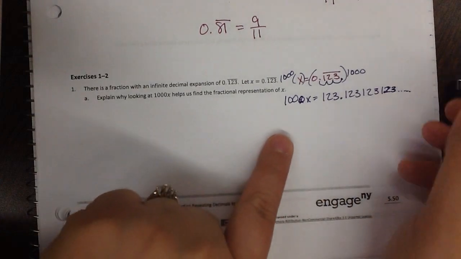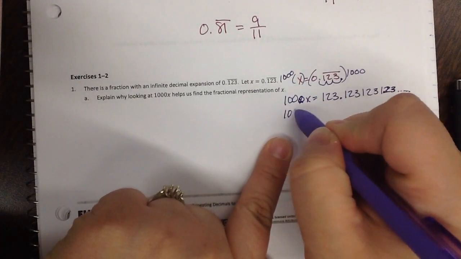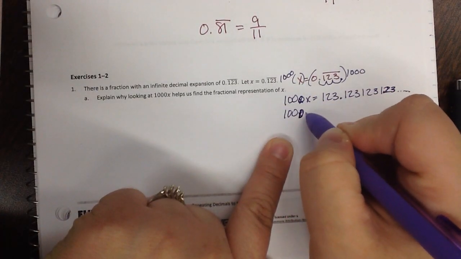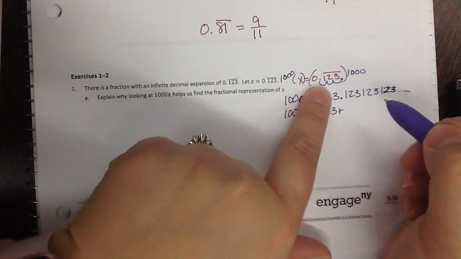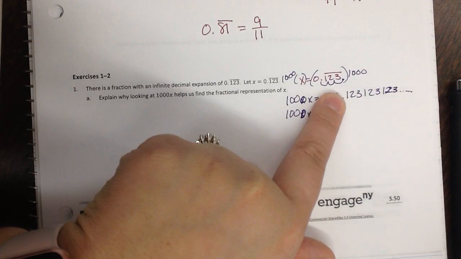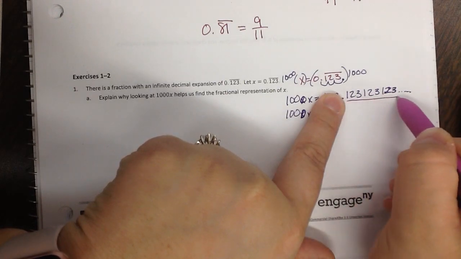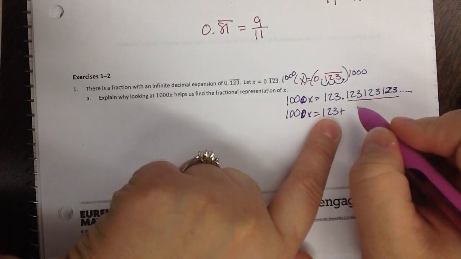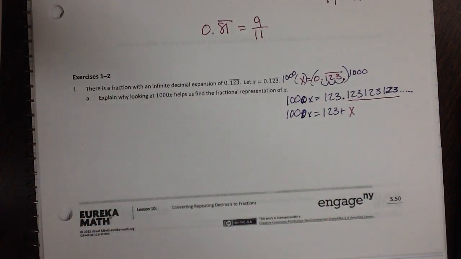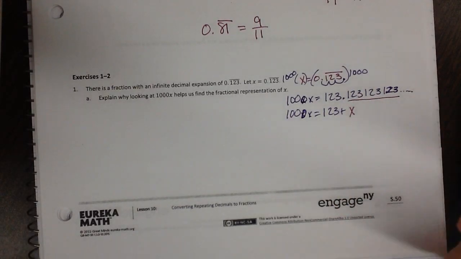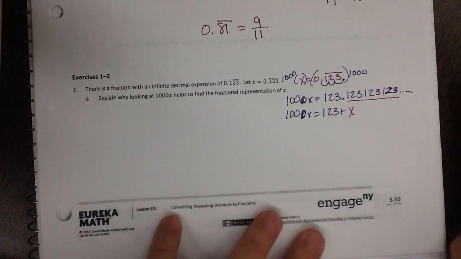So now, on this side, I have 1000x equals 123 plus this part right here, which is this up here, plus x. So then now I have an equation I can work with. I can subtract x on both sides.